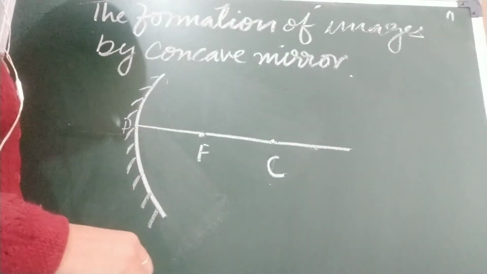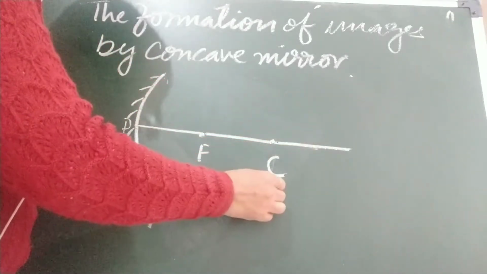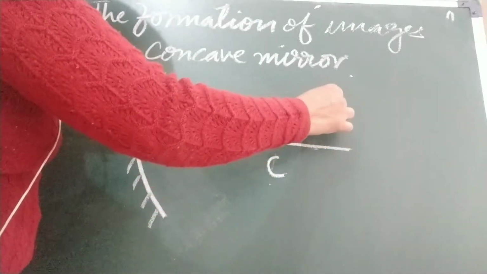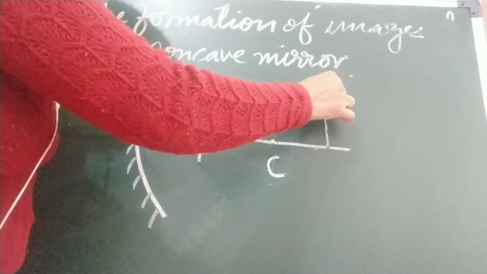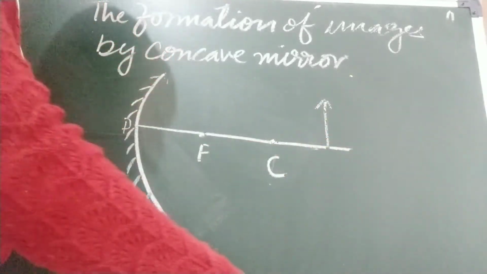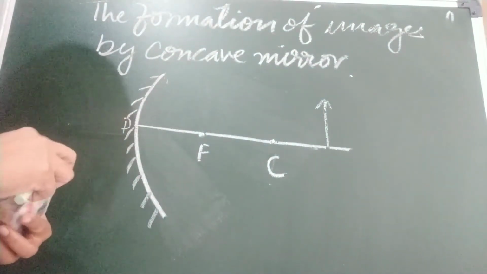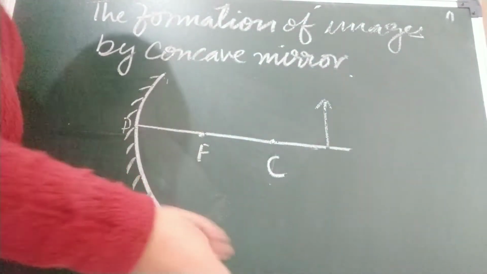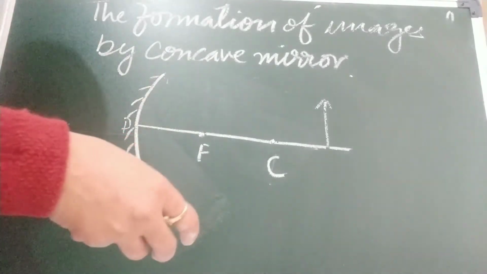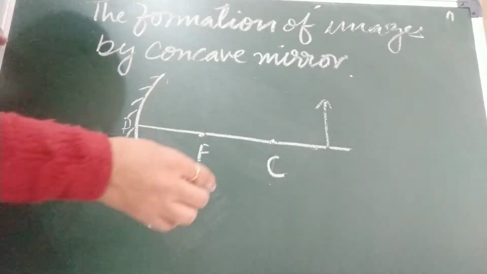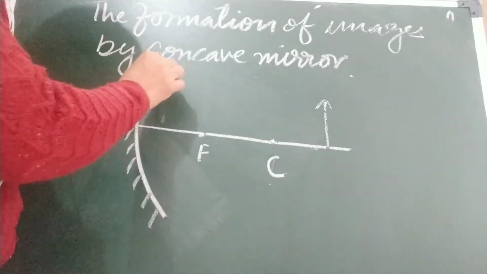Now we are going to place the object beyond C, C के बाद में, beyond C. I am going to use color chalk for this. Now we will take two rays only.